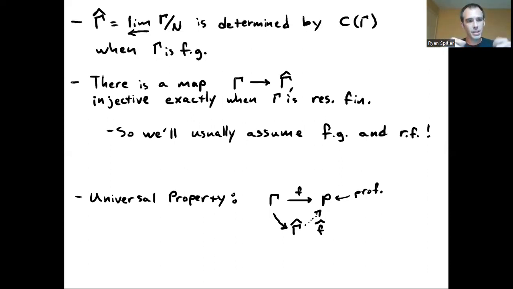So the profinite completion is sort of the universal profinite envelope of gamma, and it extends uniquely. For this map F from gamma to P, there's a unique continuous map, which one might call F hat, from the profinite completion to P, which extends F.